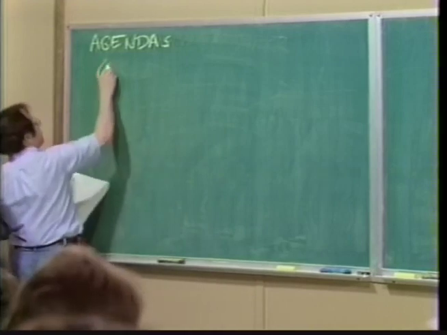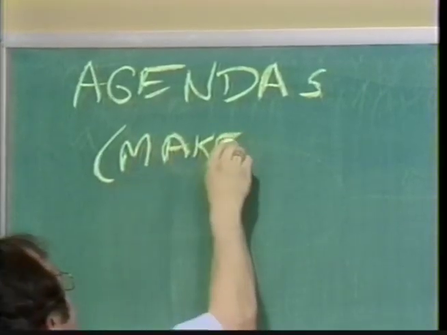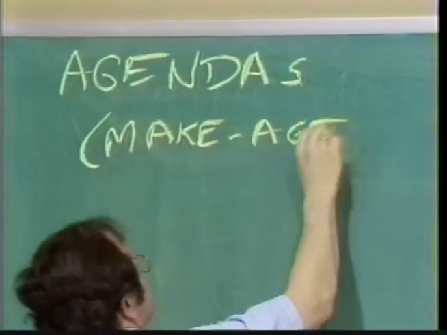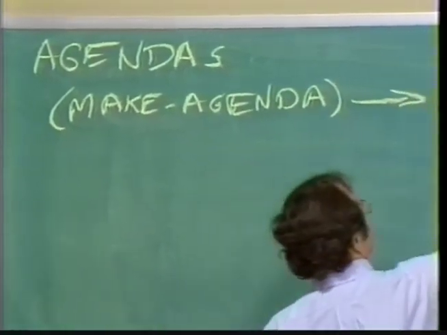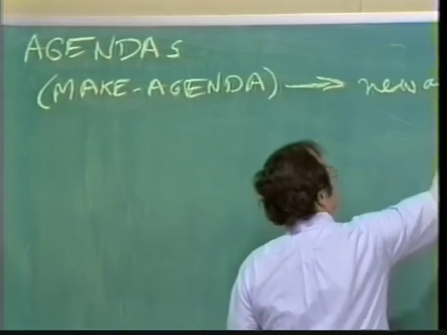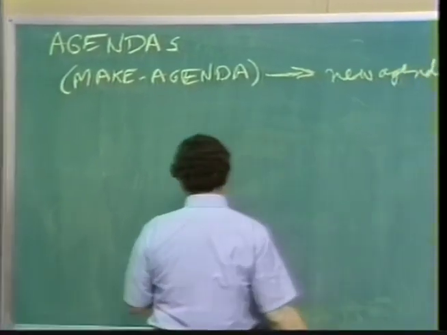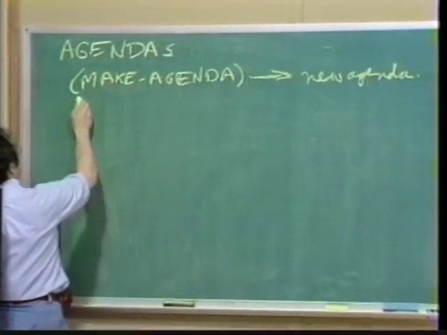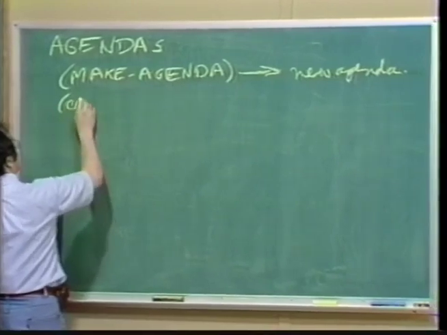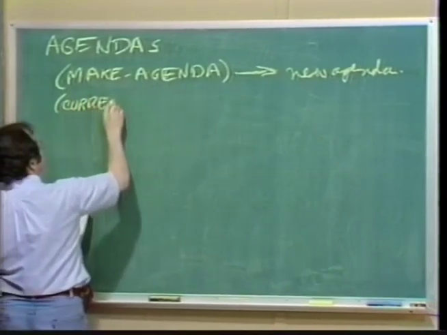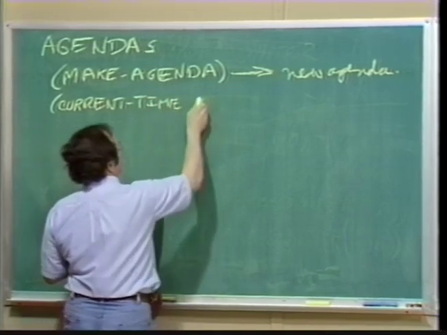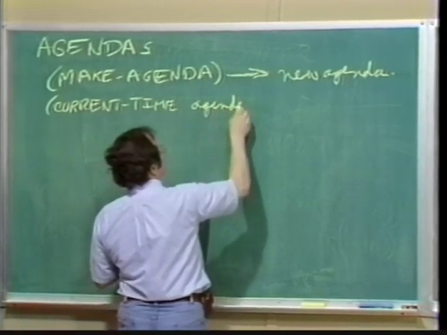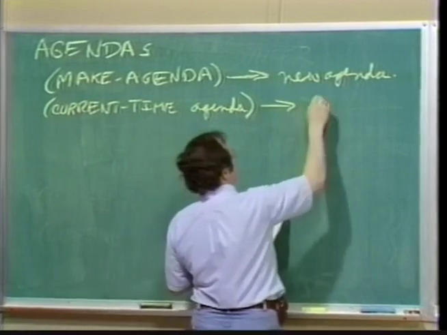We have things like make agenda, which produces a new agenda. We can get the current time of an agenda, which gives me a number, a time.